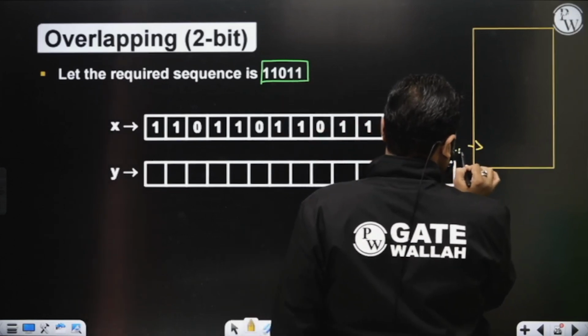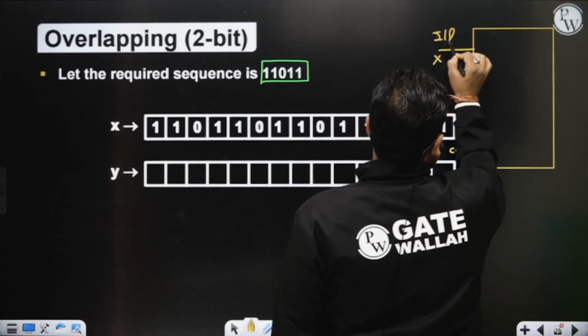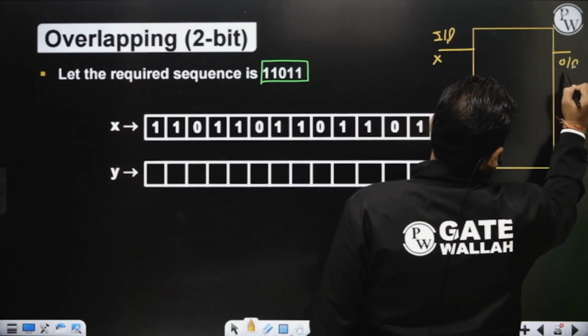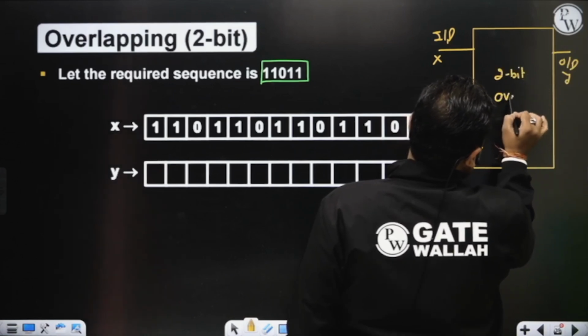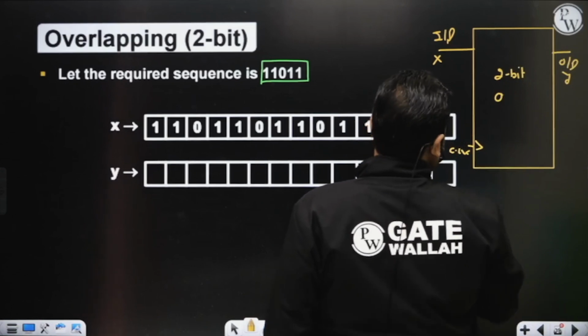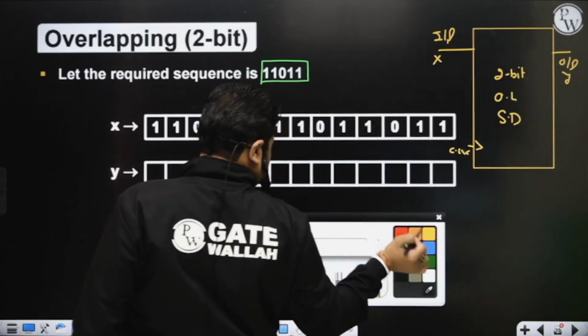We have a clock here, input X and output Y. This is a 2-bit overlapping sequence detector.